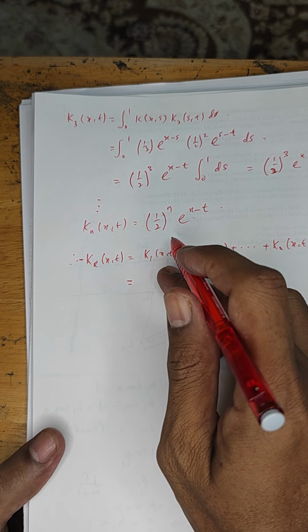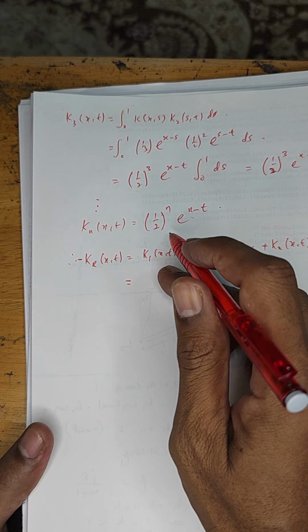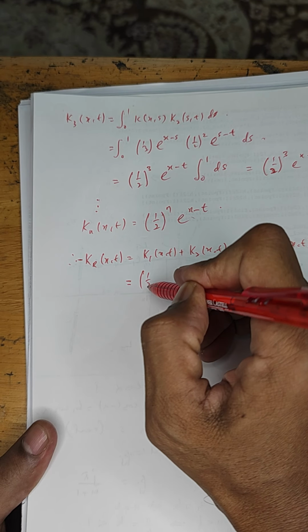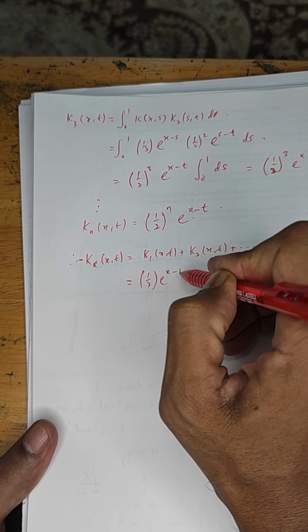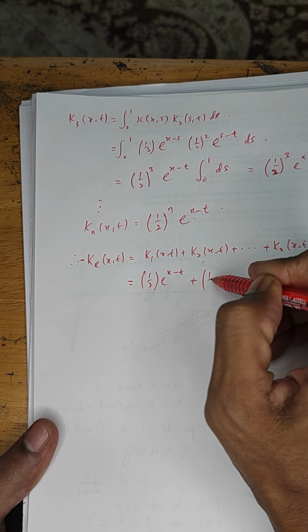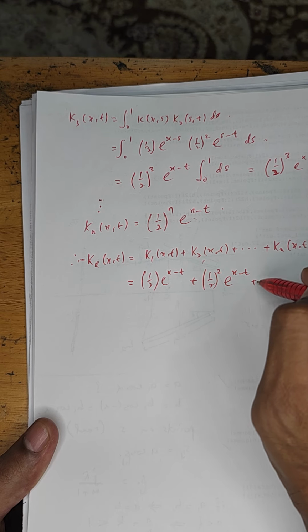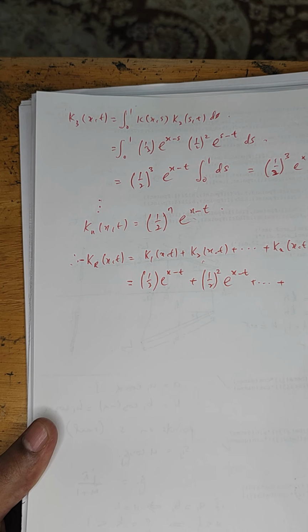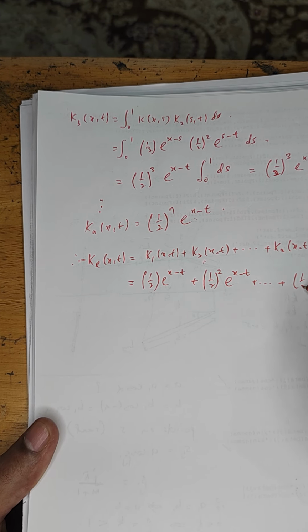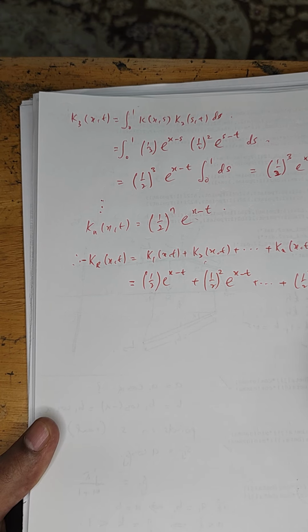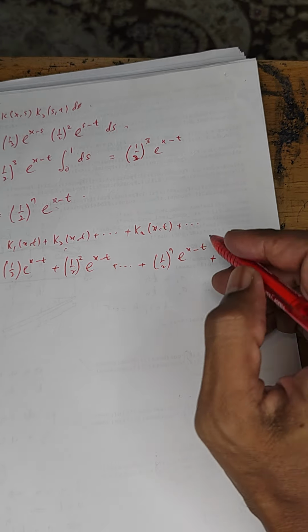Just substitute: k_1 is half e^(x-t), plus k_2 is half squared e^(x-t), and so on, up to n we have one over 2 to the n e^(x-t), and so on.